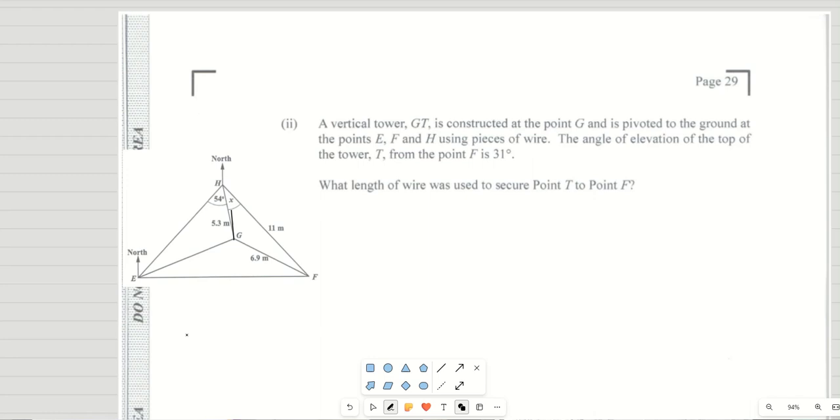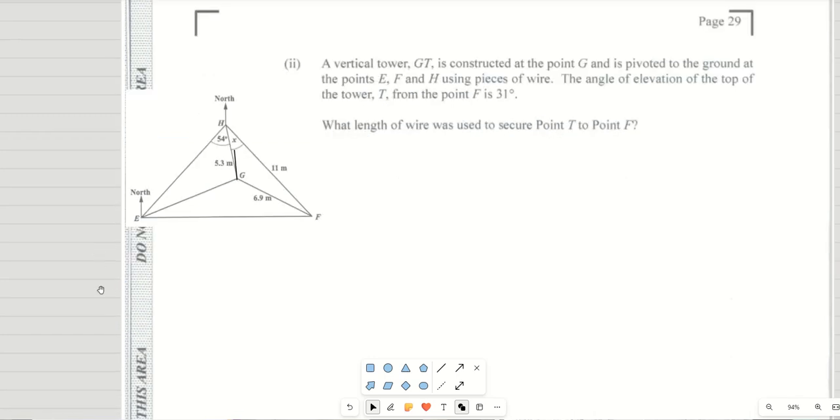Remember, you're looking at this as a triangular base pyramid, the triangle being GEF. From that triangle at the bottom you have a pole or a tower going up from G. The angle of elevation of the top of the tower T from point F is 31 degrees.